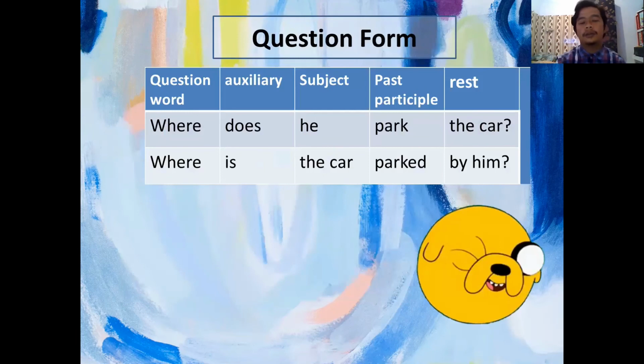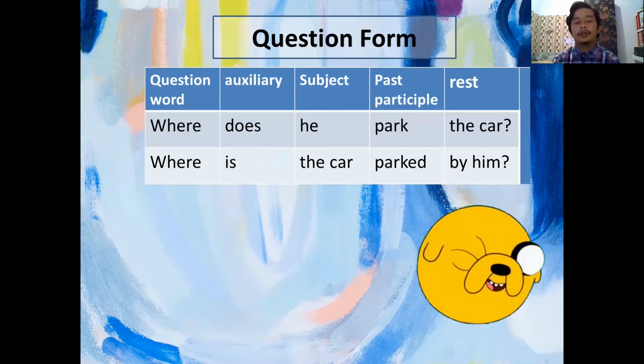Question form. Gunakan passive voice saat kita have to give a question to some people, or we make a question.